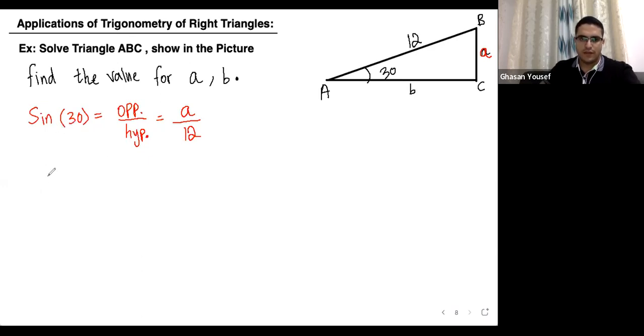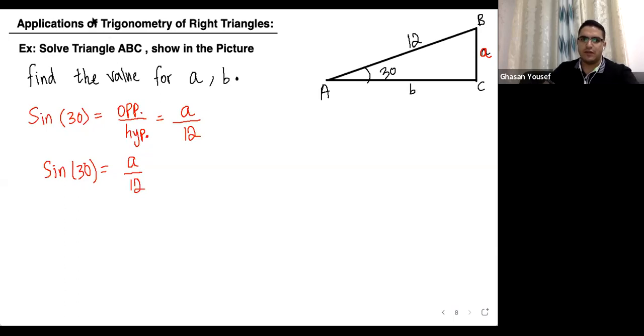Now, sine of 30 equals a over 12. I can multiply both sides by 12 to get only the value for a. Or we can do the cross multiply.